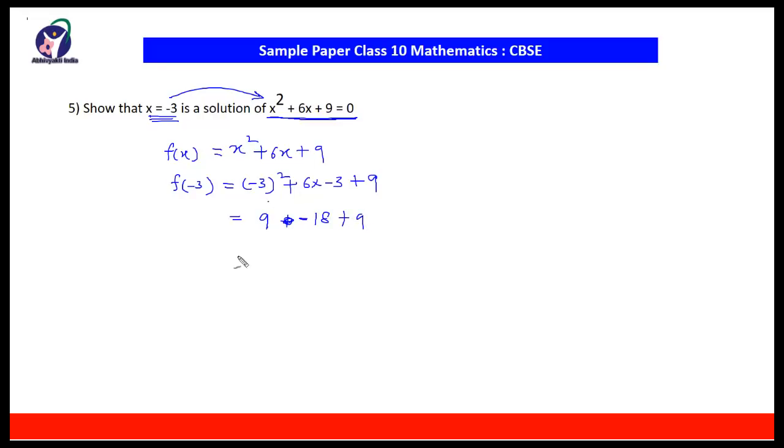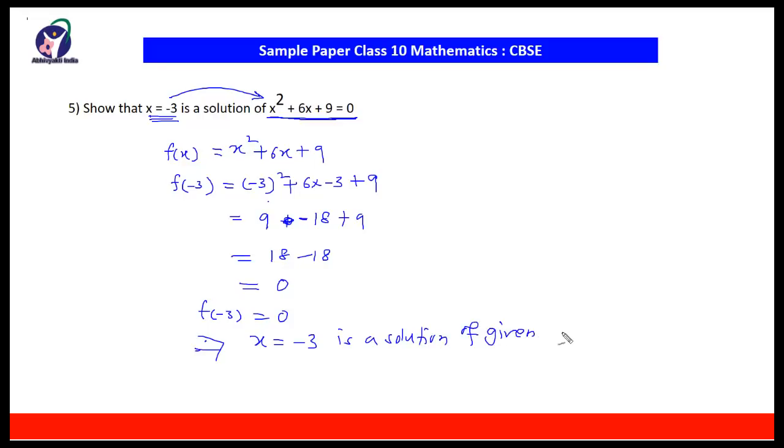So 9 and 9 will be 18 and this will be minus 18, which is equal to 0. Therefore f of minus 3 is equal to 0, and so we can say that x is equal to minus 3 is a solution of the given quadratic equation.